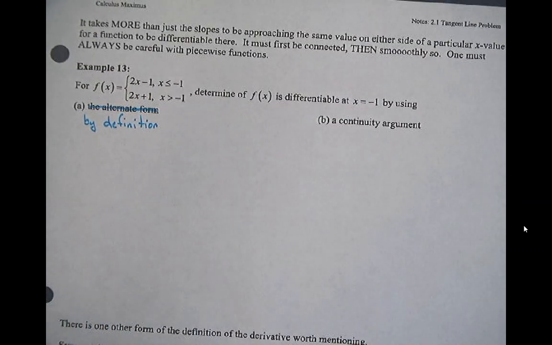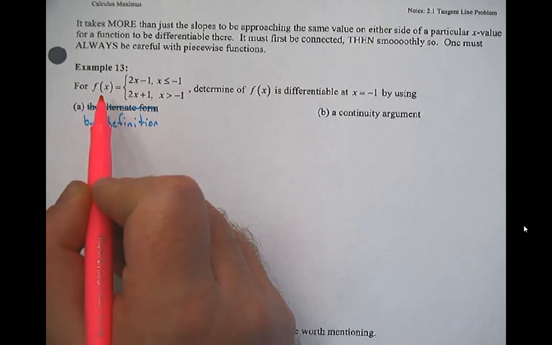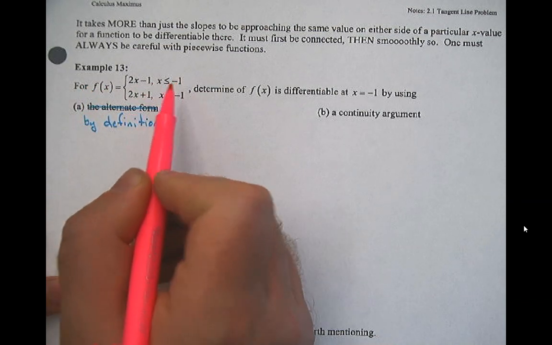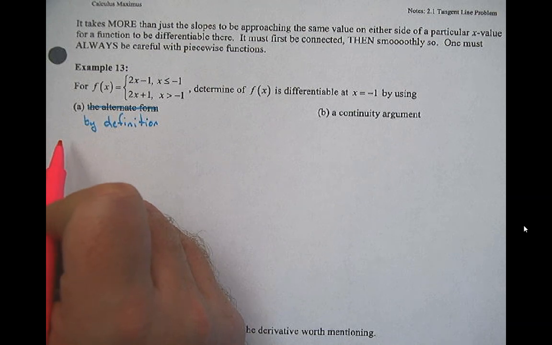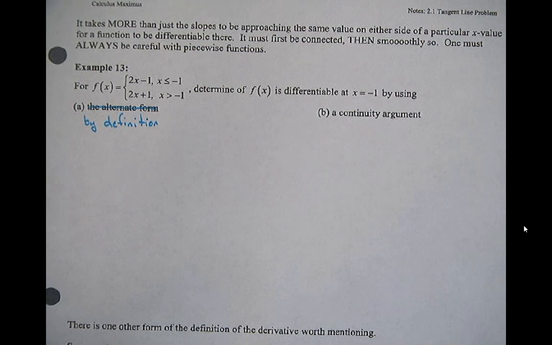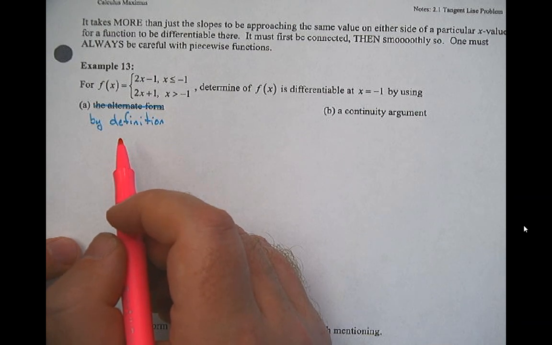Okay, so by definition means I want to first figure out the limit of the derivative of my function as we approach from the left. So I need to figure out, sorry, I was just thinking about how I want to explain this.